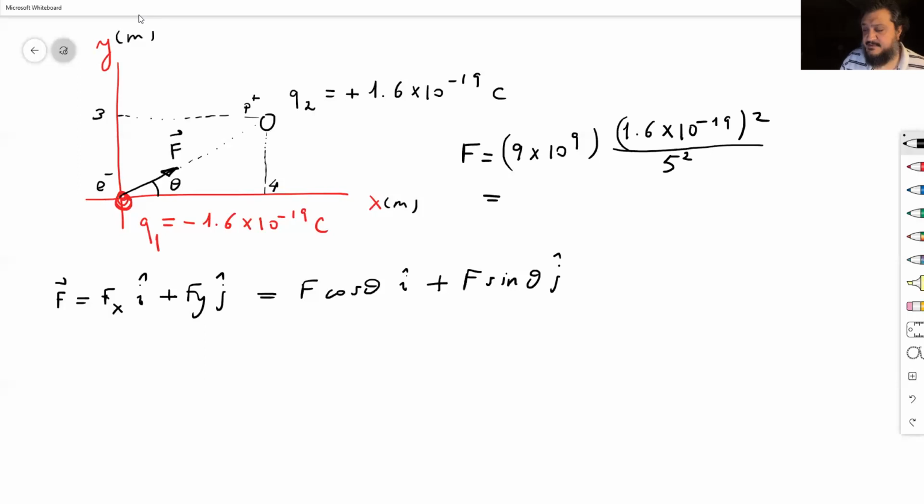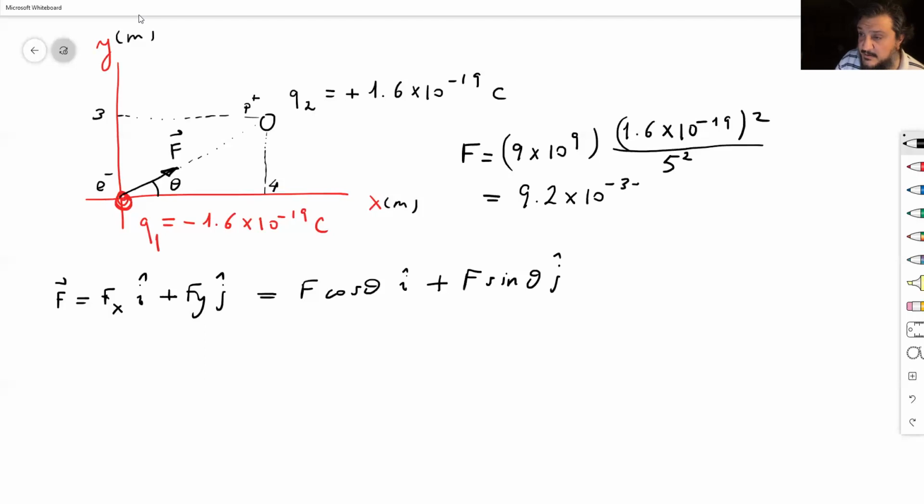All right, so let's find it. 9 times 10 to the 9 times 1.6 times 10 to the negative 19 squared divided by 25. So this is 9.2 times 10 to the negative 30.